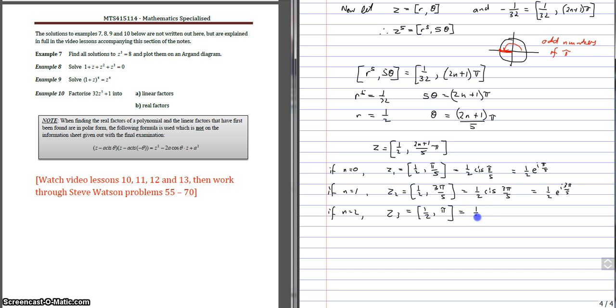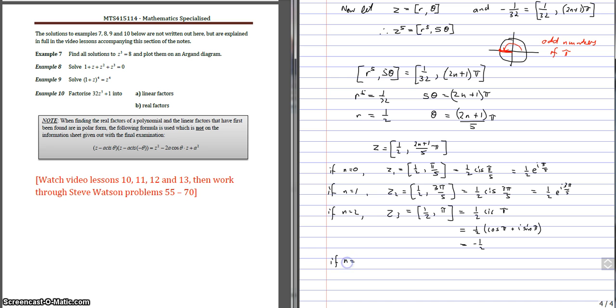And so that gives us a half cis pi, which we can simplify a bit more. A half times cos pi plus I sine pi, which is now cos of pi is negative 1, sine of pi is 0, so it's negative 1 times a half, so that's negative a half.